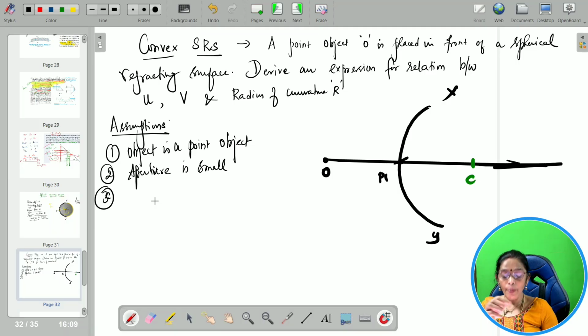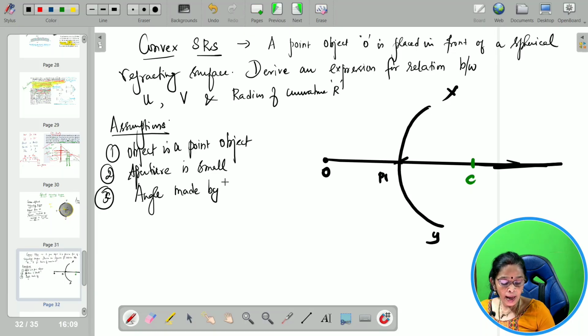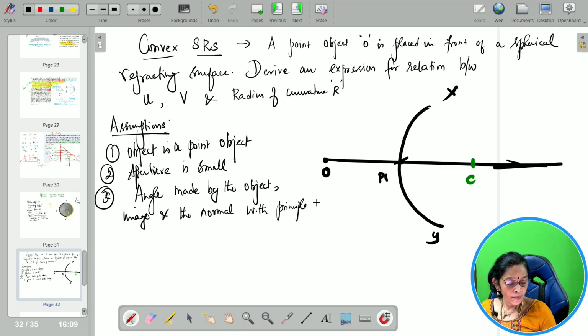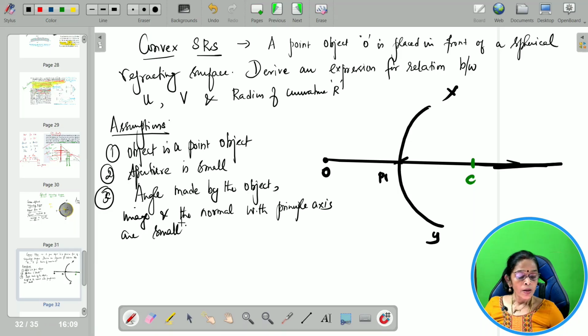And the angles made by the object, image, and the normal with the principal axis are small. So, keeping that in mind, we are going to see the derivation by applying the sign convention.